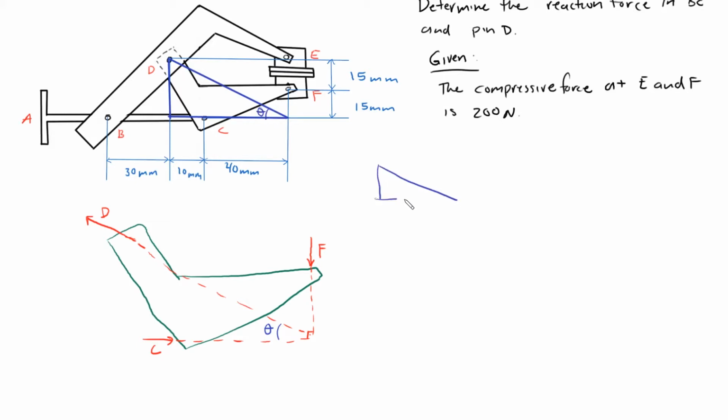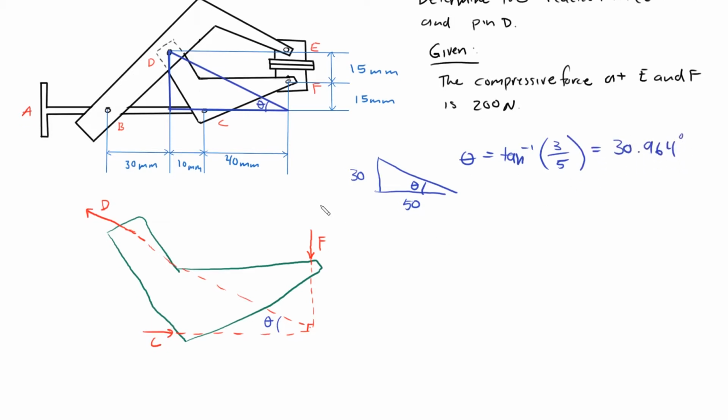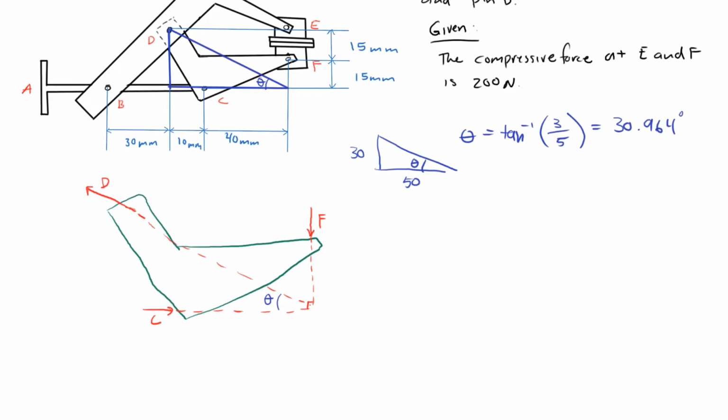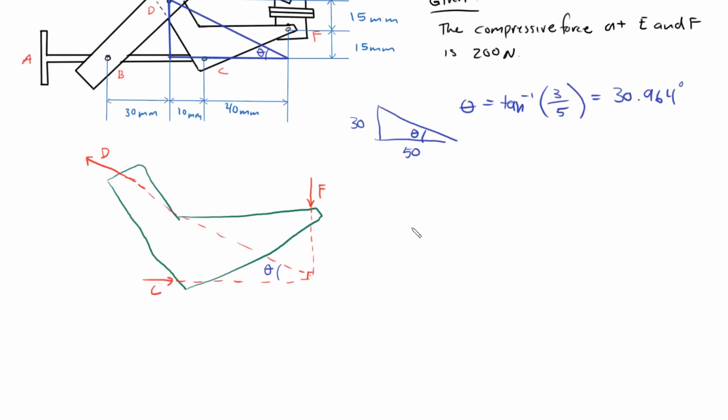The side length right here is 30 millimeters, and this side length is 50. So our angle theta is simply the tan inverse of 3 over 5, which is 30.964 degrees. Now that we have that, we can do our simple equilibrium equations.